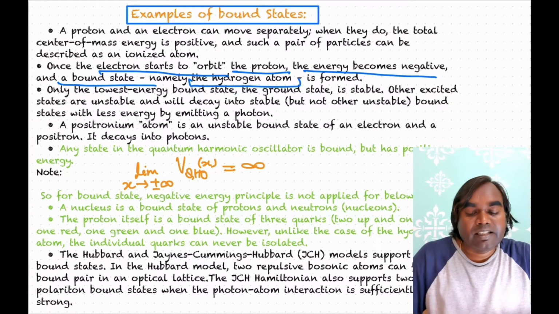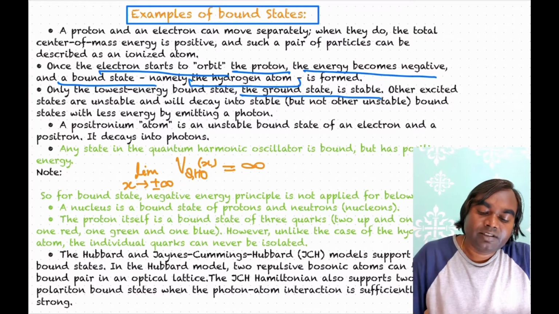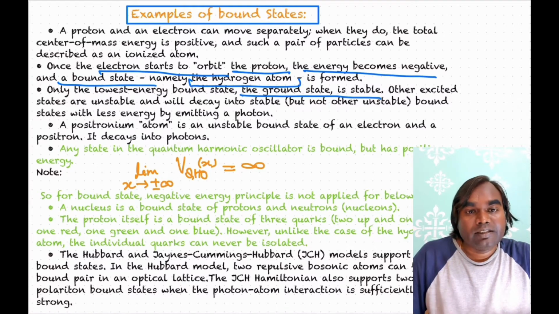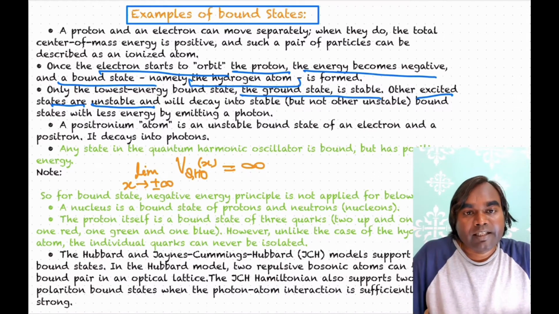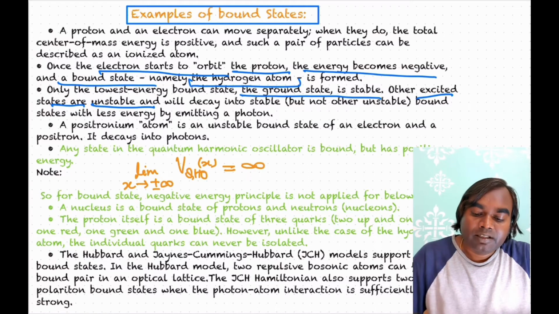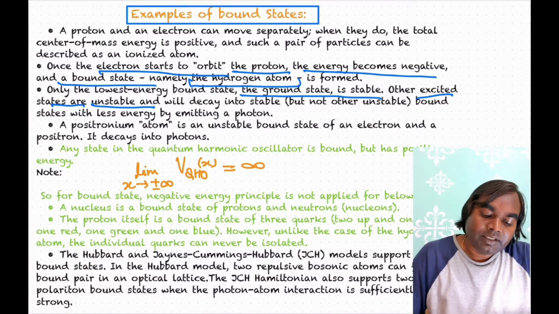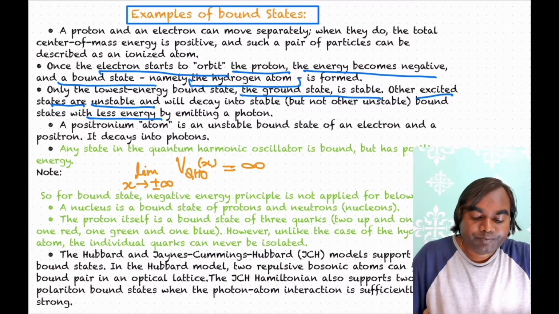Only the lowest energy bound state, the ground state, is stable. Other states having energy more than the energy of the ground state are excited states, and they are unstable. Therefore, they will decay to stable bound states with lower energy by emitting a photon.